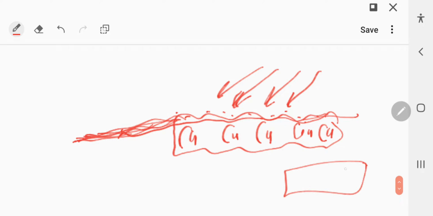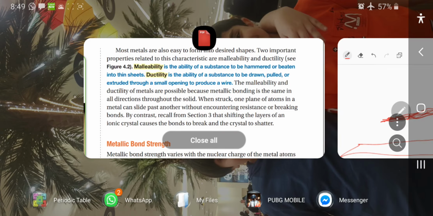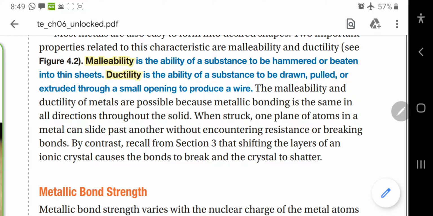So we can change this crystal to wires or plates without affecting the property of the metal itself. This is why metals are malleable and ductile.